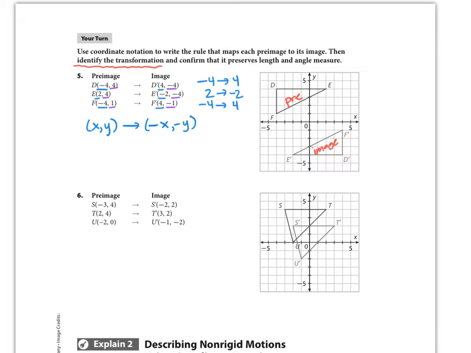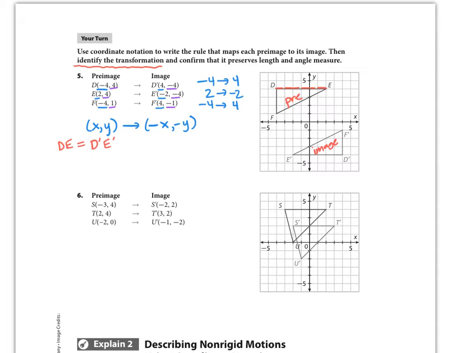So does it preserve length? Meaning, is DE equal to D prime E prime? Are those equal? And it looks like they are. The nice thing here, if I tell you to find the distance of DE, you don't have to use the distance formula.